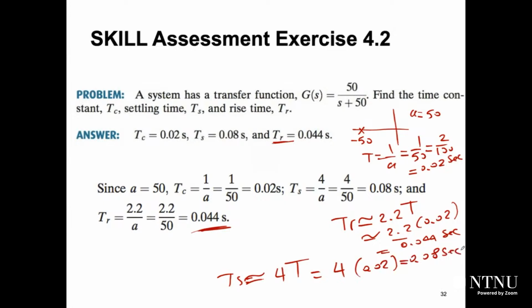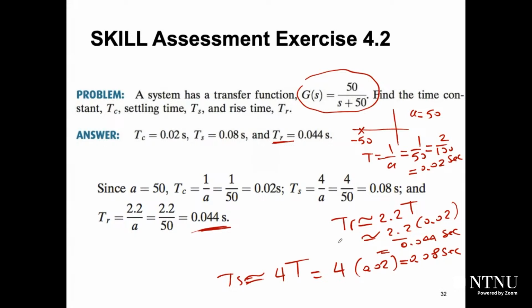So very quickly, once you have the transfer function, you can, in fact, do this without plotting. Why are we doing this? Because many years ago, it was difficult to plot the response of your system in the time domain since we didn't have computational resources. Once you know A, you can find the time constant.